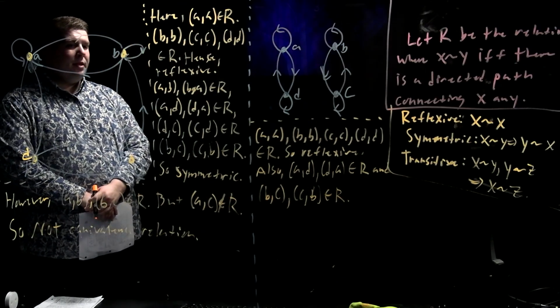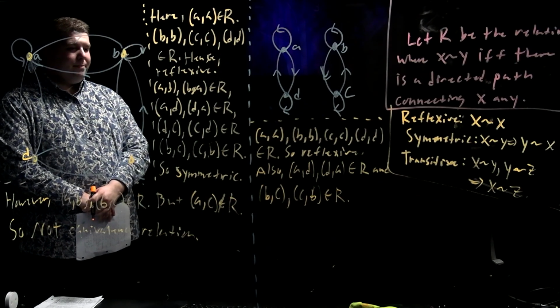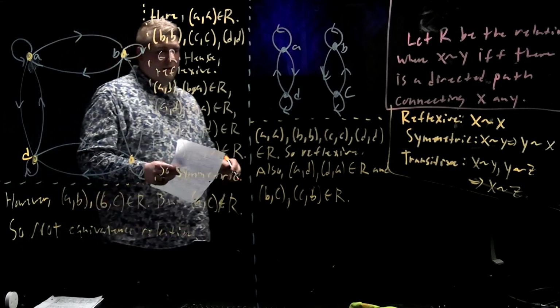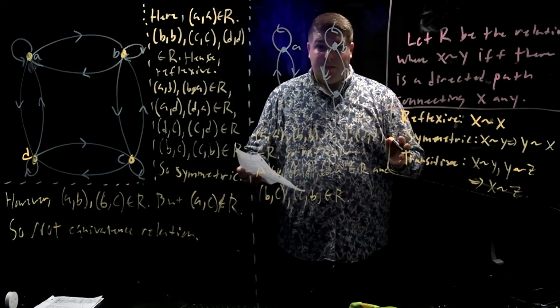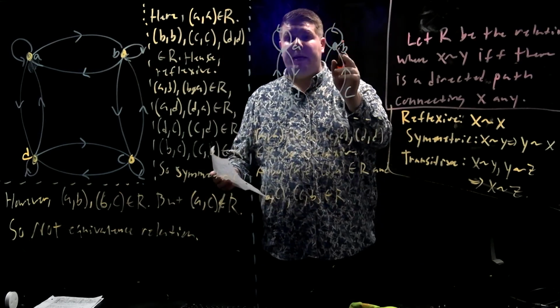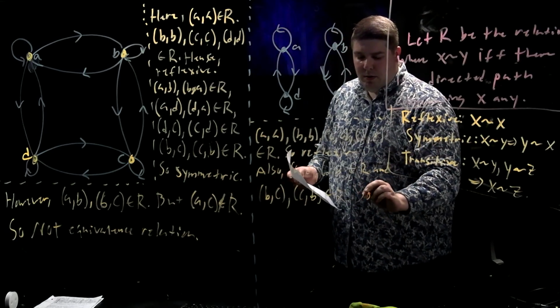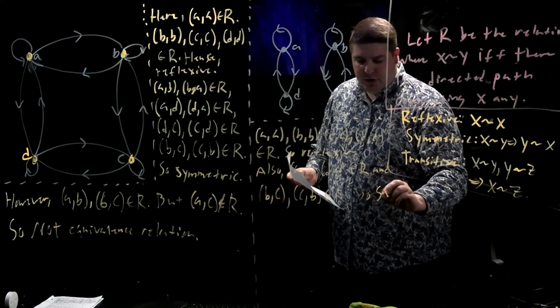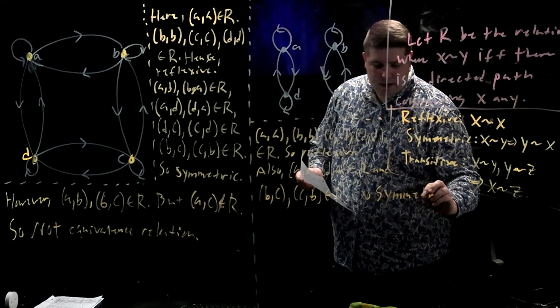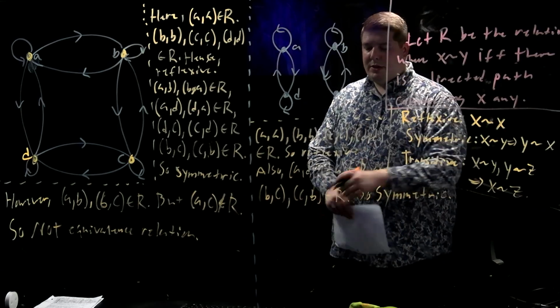Okay? All of that is in the relation. And there's nothing else, right? So we don't have to write A goes to D and B goes to A, because that doesn't happen. Okay? So this is symmetric.